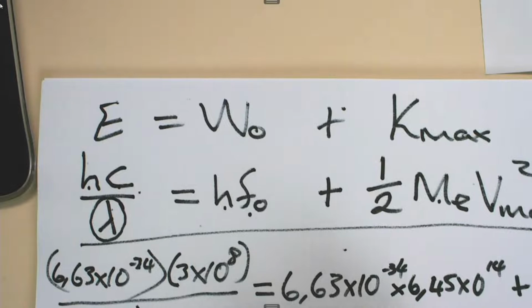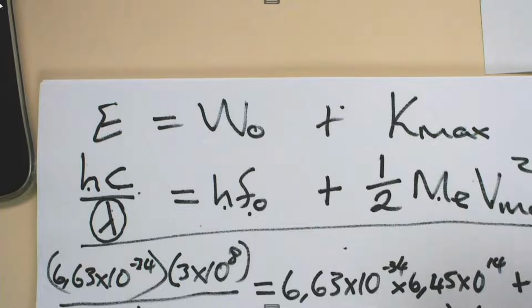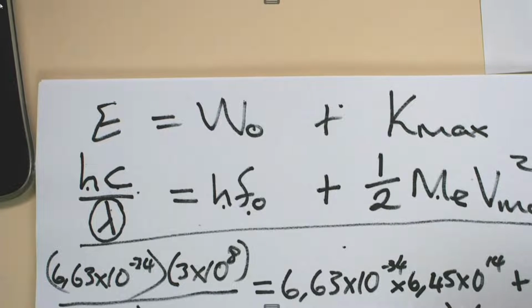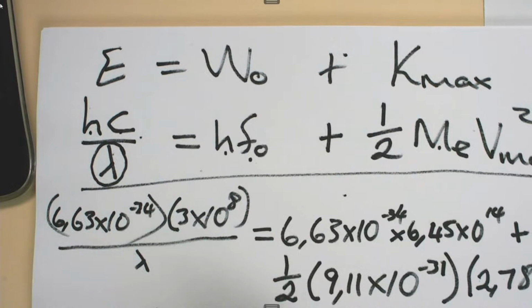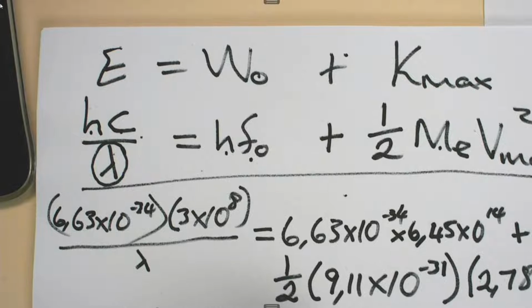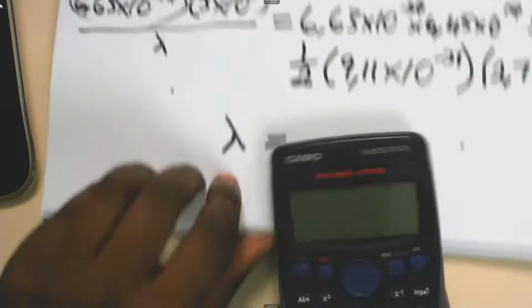The mass of an electron is equal to 9,11 times 10 to the power minus 31. And then the speed that we are given there is 2,78 times 10 to the power 5. So we have now substituted everything. We can then do our calculation and find our wavelength.